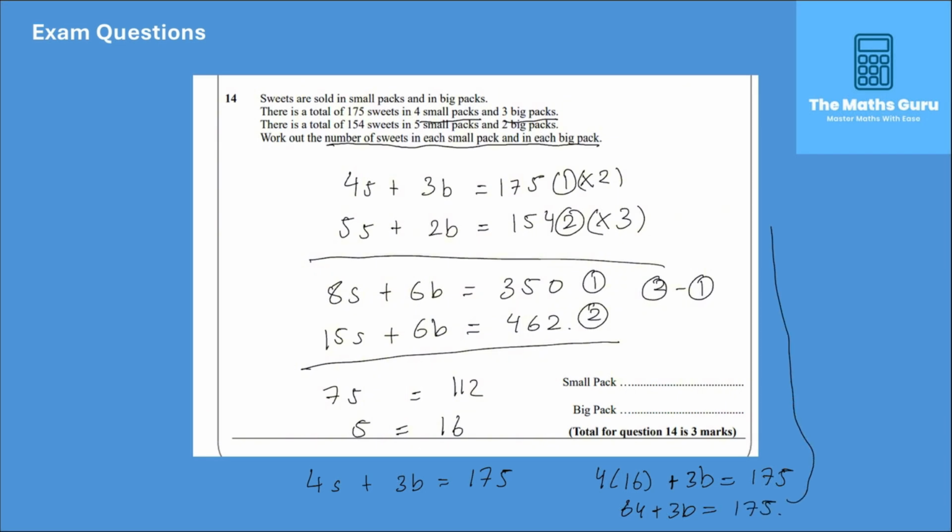We say that 3b is equal to 175 minus 64, which is 111. So that means b is equal to 111 divided by 3, which is equal to 37. So in each big pack, there's 37 sweets, and in each small pack, there's 16 sweets.